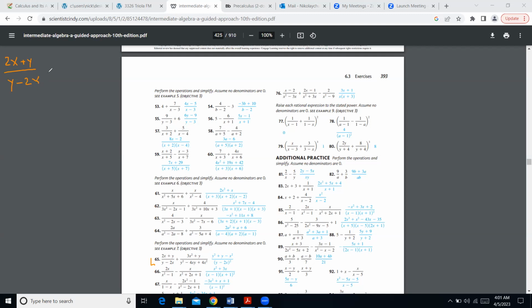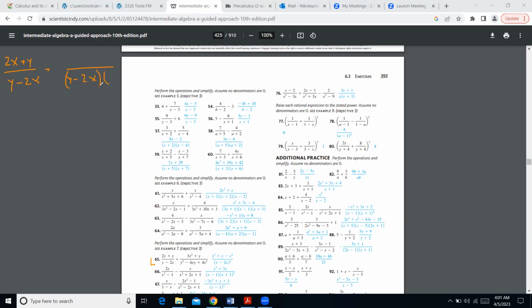And the second fraction, I will try to factor its denominator. This will be y minus 2x, the same factor as the denominator of my first fraction.